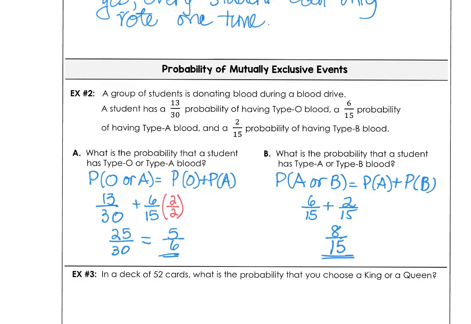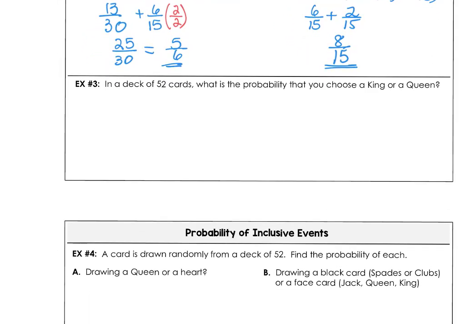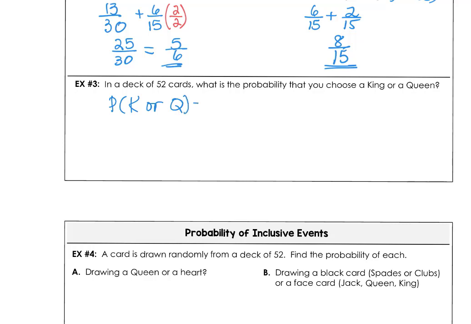In example 3, we see we have a deck of 52 cards, and we need to know what the probability would be if you chose a king or a queen. So the probability of a king or a queen would be the probability of the king added to the probability of a queen. And remember, in a deck of cards, there are 4 suits.